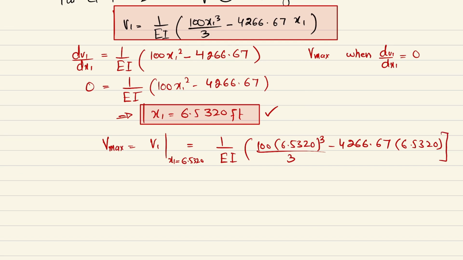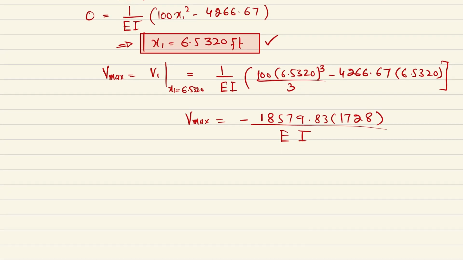Okay, so you will get V max is equal to minus 18579.83 into 1728, and we will have E into I.